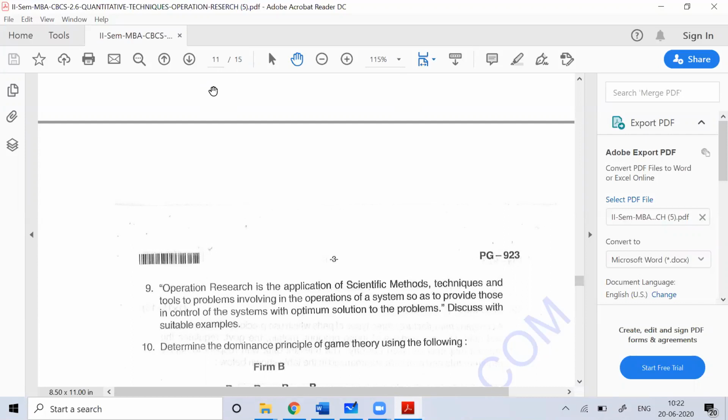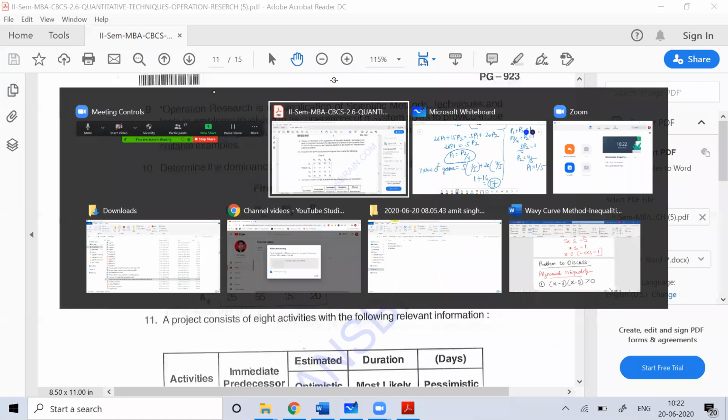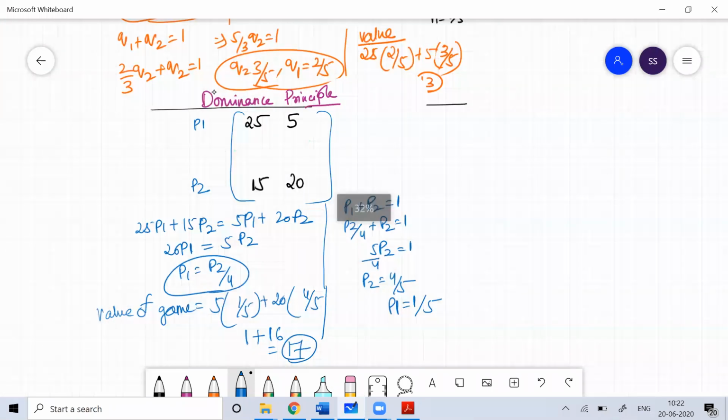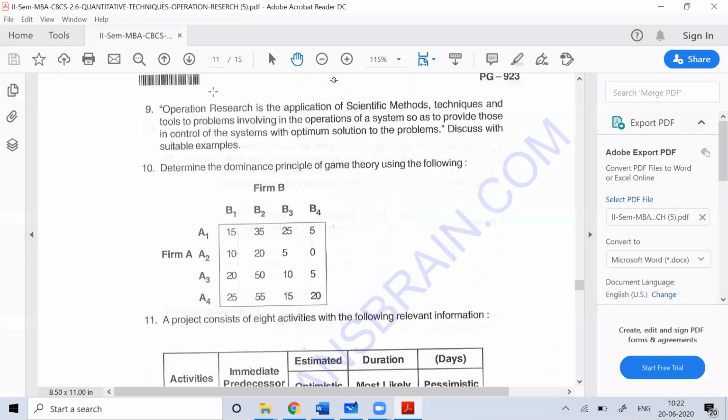Fine. So, anyone have any doubt? Anyone want to ask anything? Next class we will start a new chapter called sequencing problem.